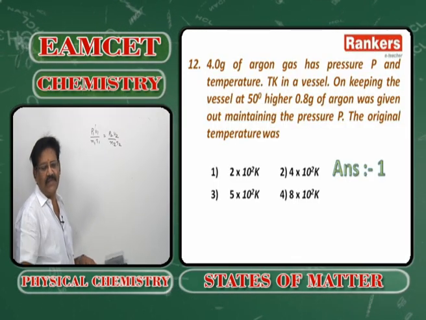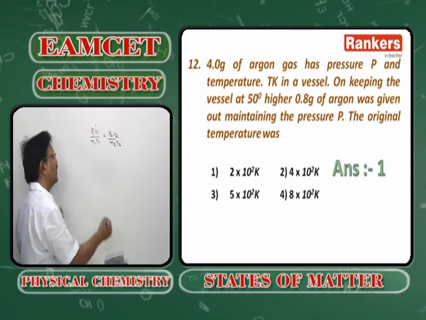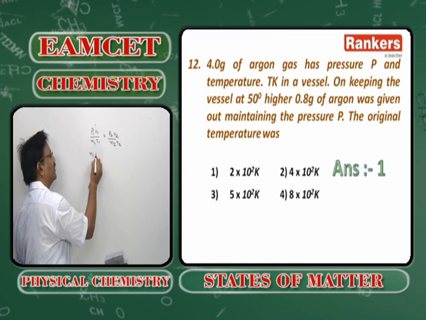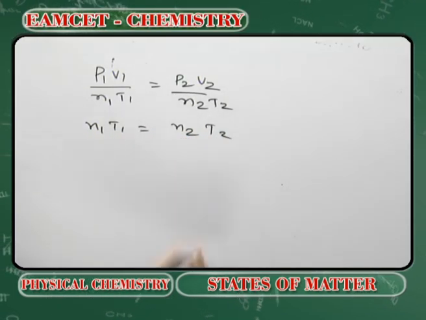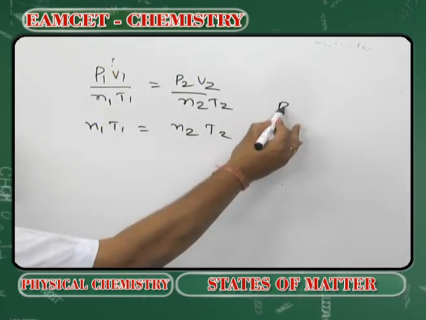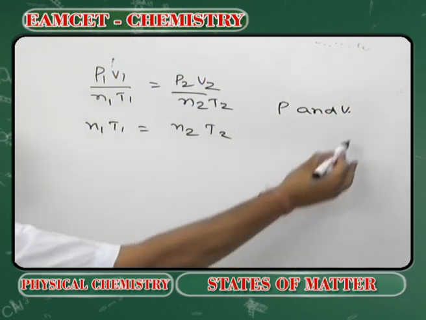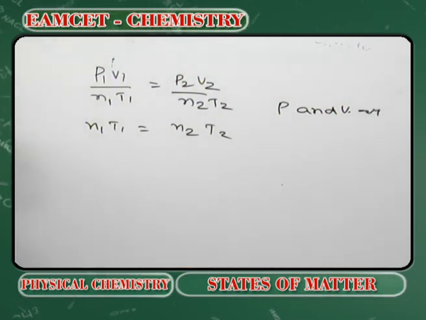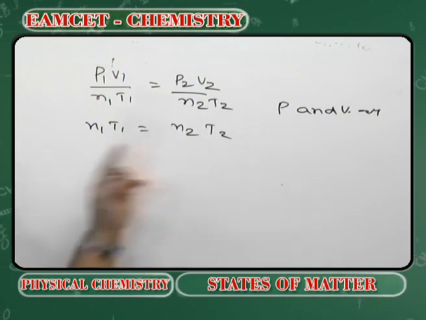Since it is the same vessel, volume is also maintained constant. So N1T1 will be equal to N2T2, because pressure and volume are constant.